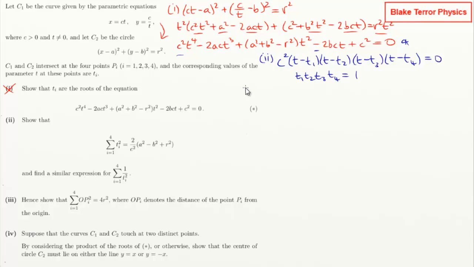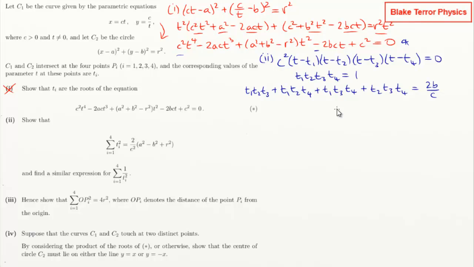So that will be t1, t2, t3, and I'm going to have 4 of them, because I'm leaving out t4 there. Then I can leave out t3, then t2, then t1. That's got to be 2bc divided by c squared, so 2b over c.